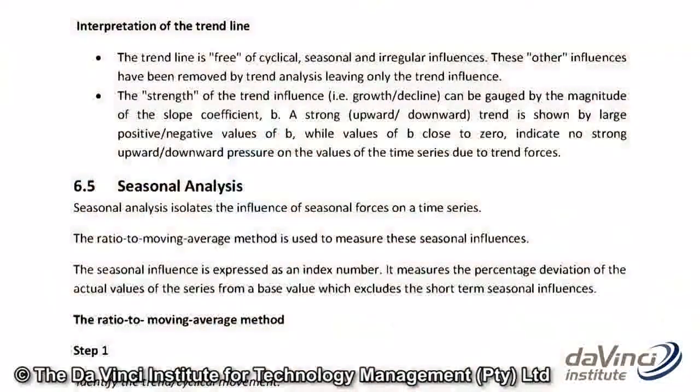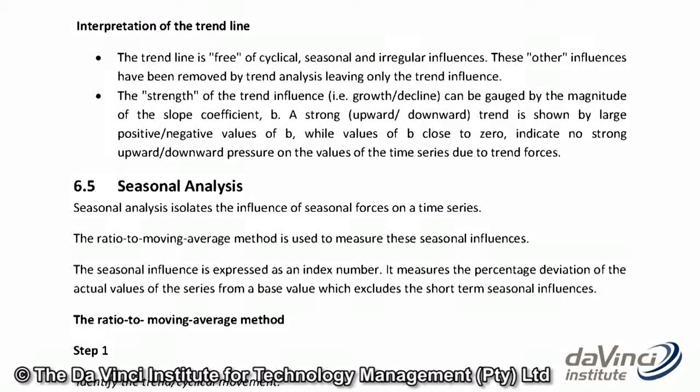Now let's look on page 103, where it says interpretation of the trend line. Can somebody read out those bullet points? The trend line is free of statistical, seasonal, and irregular influences. These other influences have been removed by trend analysis, leaving only the trend influence.